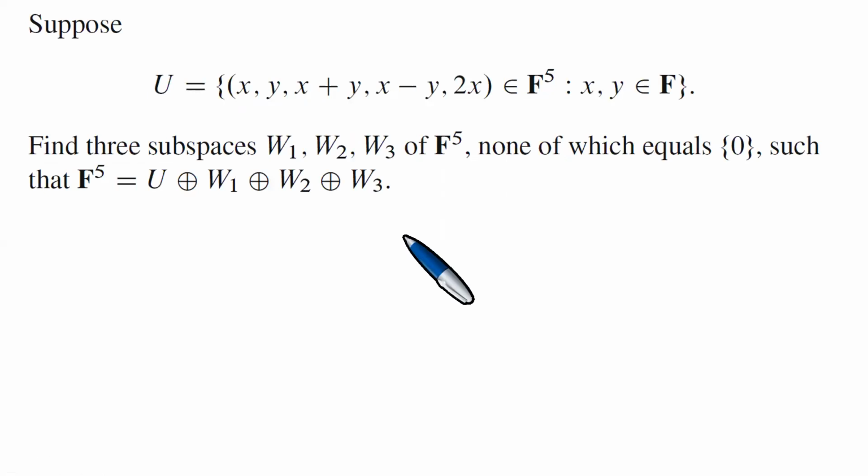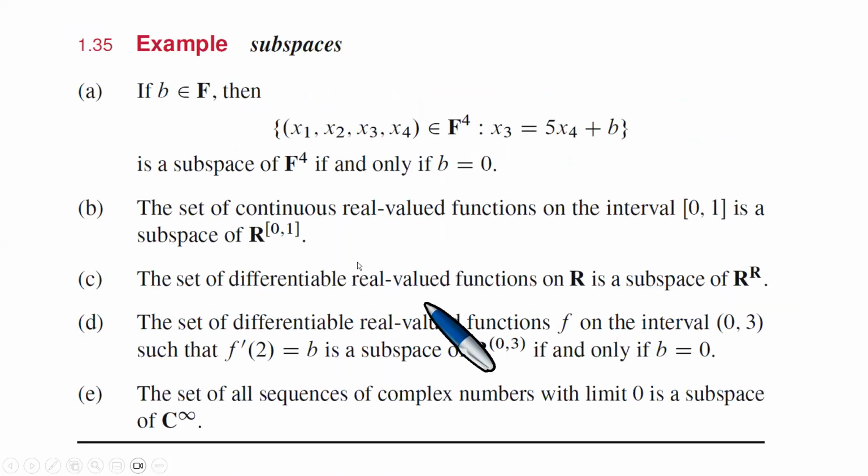So that we can be good tomorrow. I'm also going to speak about these kinds of subspaces, which I'll just mention in passing. The set of all differentiable real valued functions on R is a subspace of R to the R. The set of all continuous real valued functions on the interval 0, 1 is a subspace of this. The set of all differentiable real valued functions f on 0, 3 such that the first derivative is a subspace.